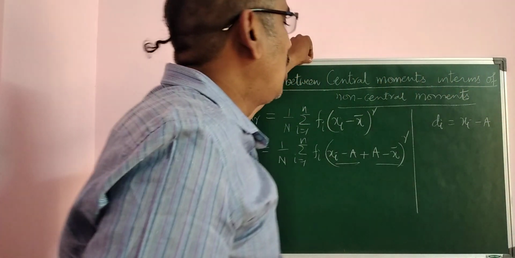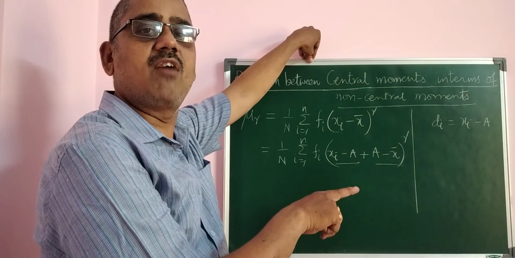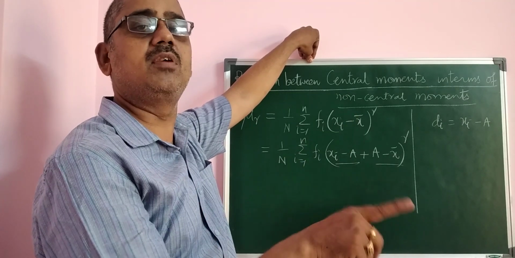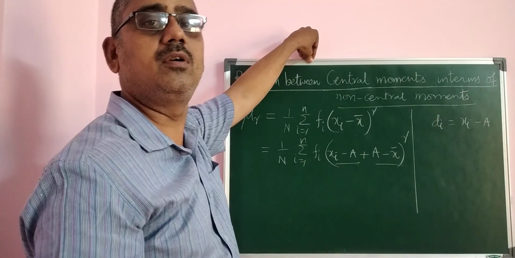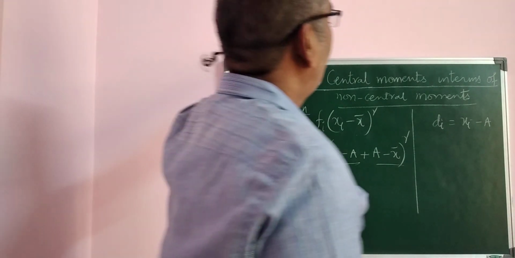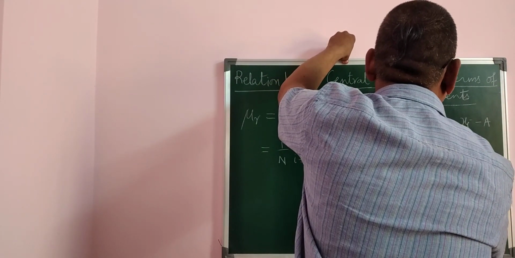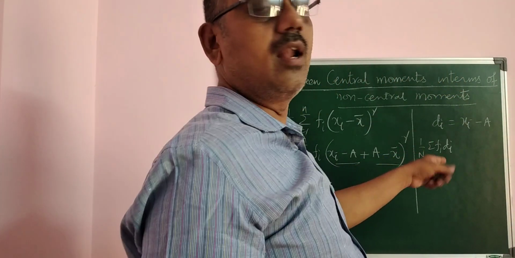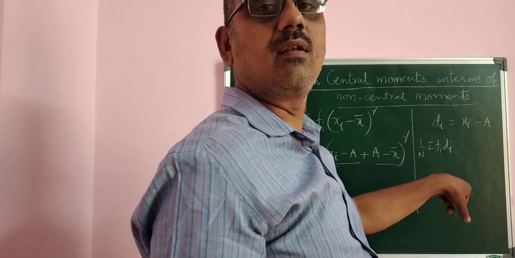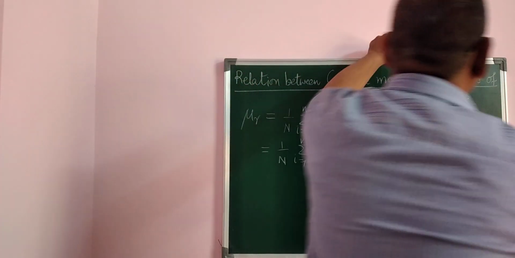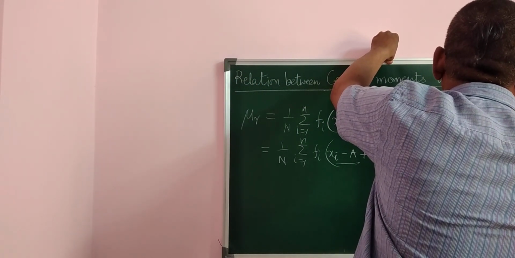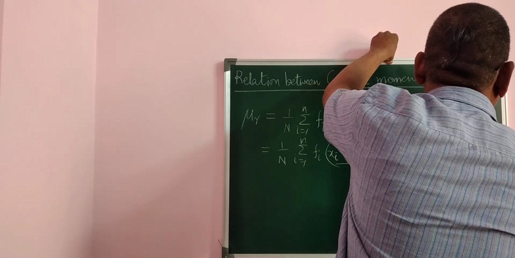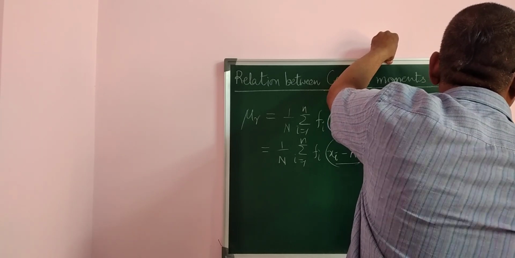If you multiply with fi, take the summations and divide by n, then you will get 1 by n summation fi into di, which is equivalent to 1 by n summation fi into xi minus 1 by n summation fi into a.